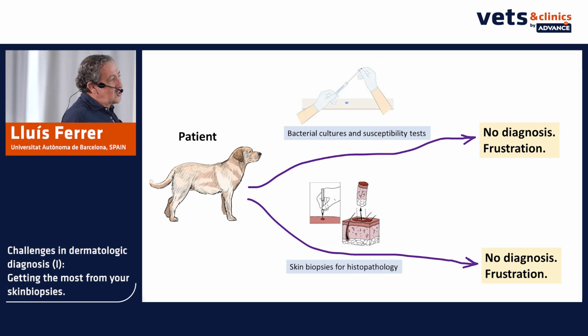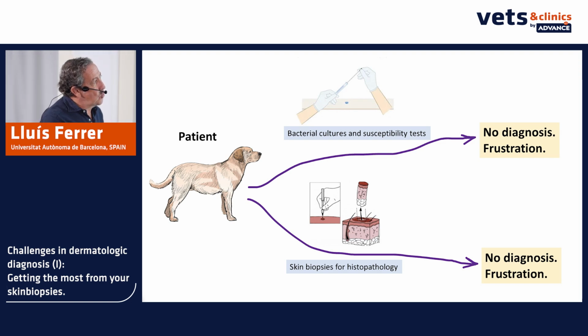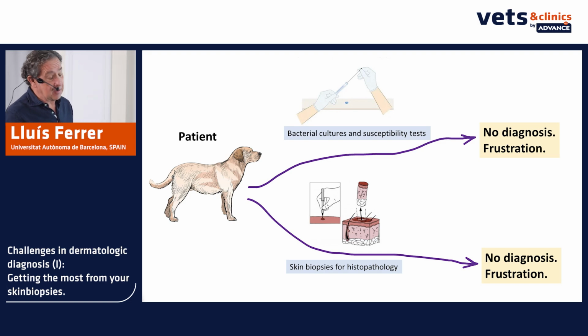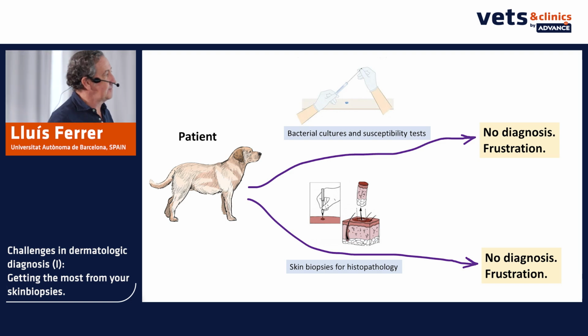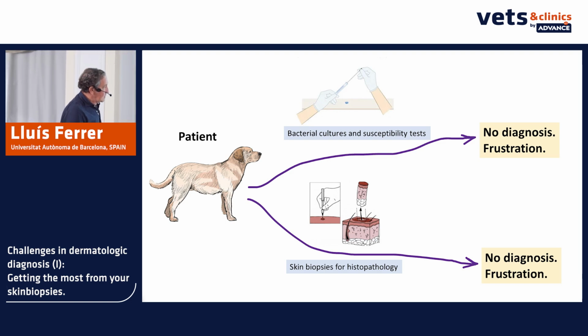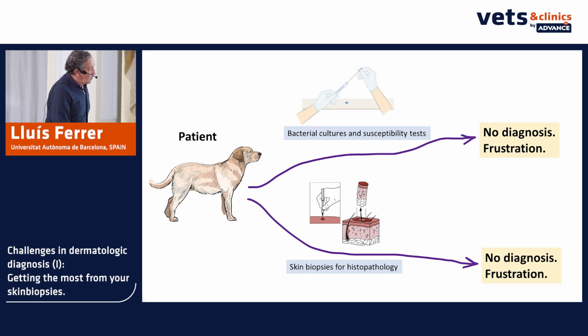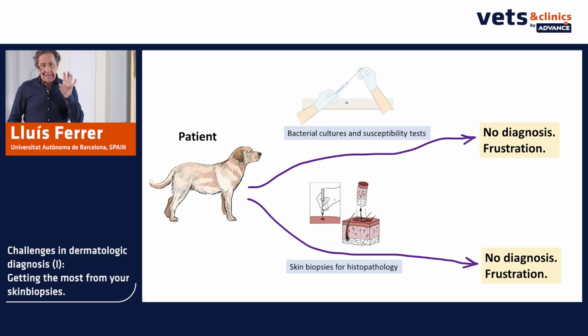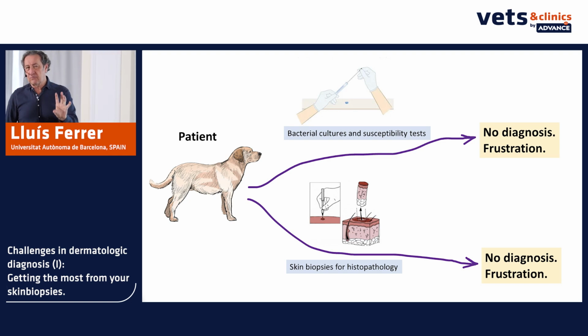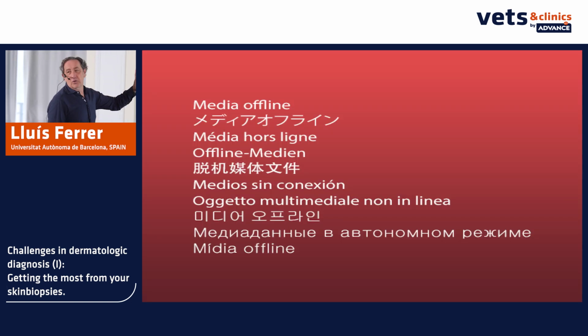And this is what we are going to do: discuss how to properly use the bacterial culture and susceptibility test and how to get useful information from that. And also how to use skin biopsies to get the most useful clinical information. By the way, this dog did well.